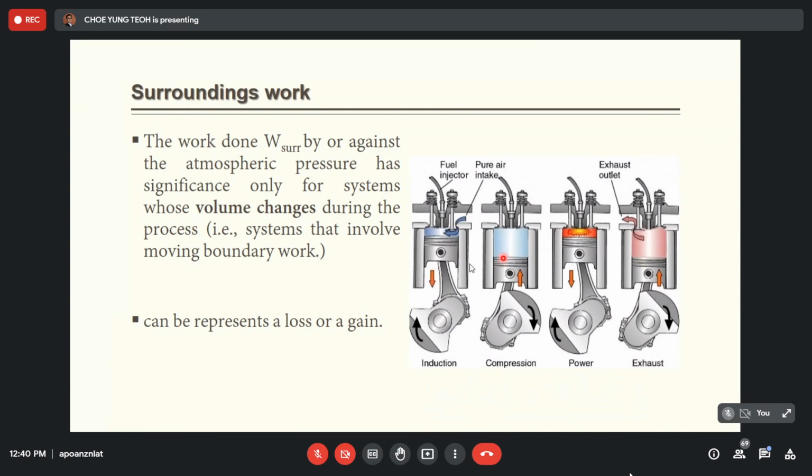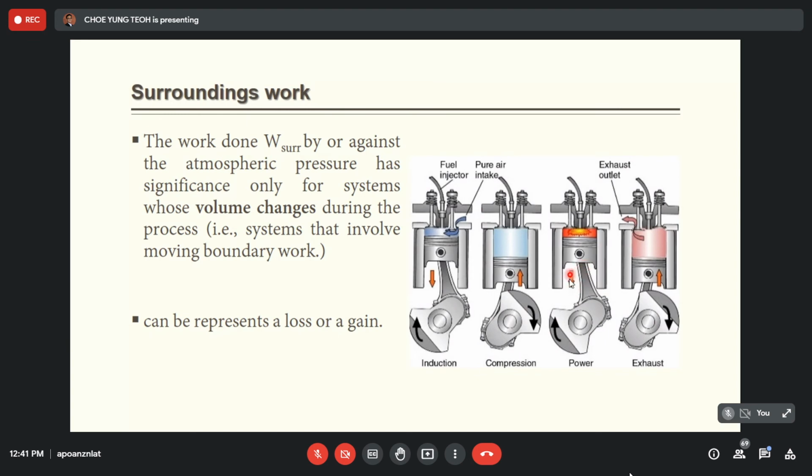We have 4 pistons over here. When the combustion of the fluid inside the cylinder happens, it will push the piston downward and rotate this to move your car. But at the same time, there is air pressure outside in the atmosphere that you need to overcome.